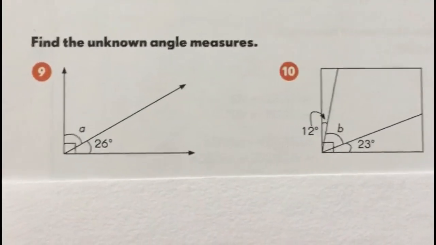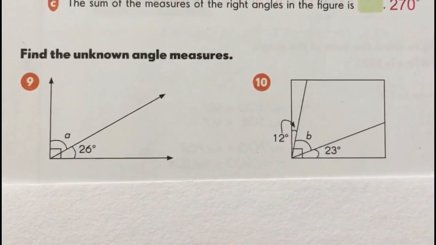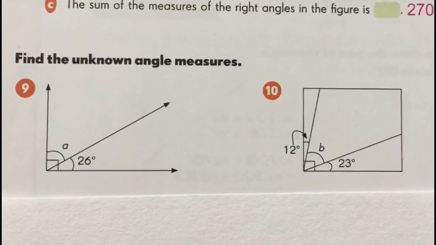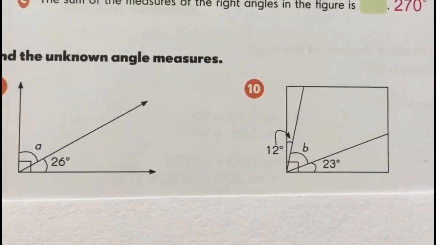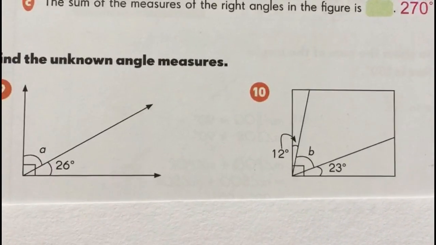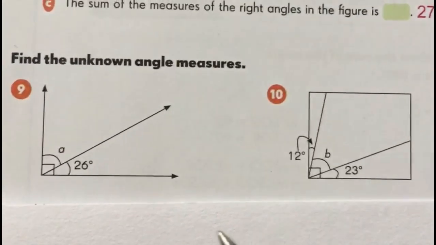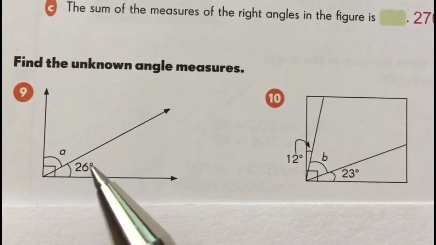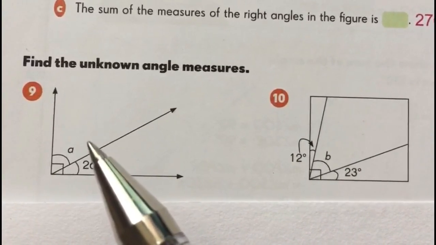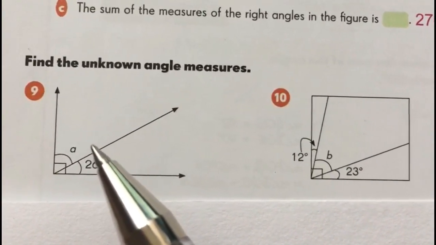Let's have a practice. Find the unknown angle measures in these 2 figures. Number 1, in this right angle, one of these 2 smaller angles is 26 degrees, and what is the measure of angle A?